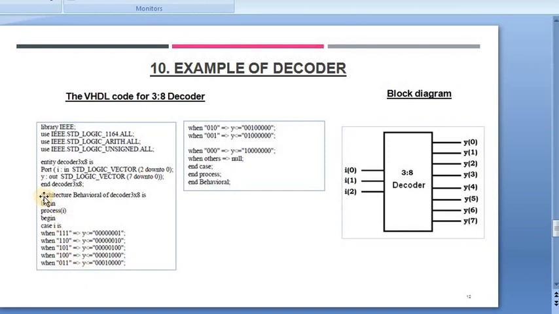The architecture part covers the basic logic as shown for the final outputs Y0 to Y7. These 3 inputs starting from I0 to I2 are decoded with case statements with a 3-bit logic starting with 111, then 110, 101, 100, 011, 010, 001 and 000, and then the architecture is closed.